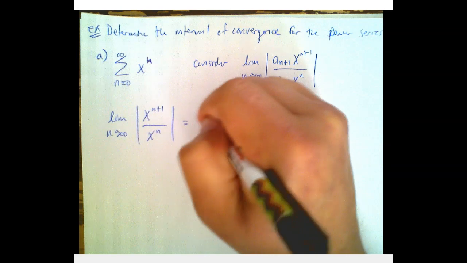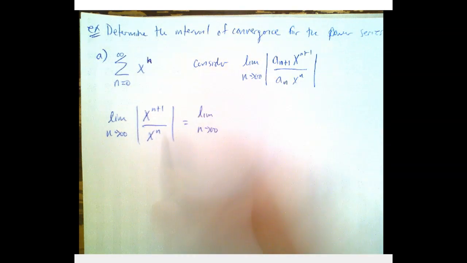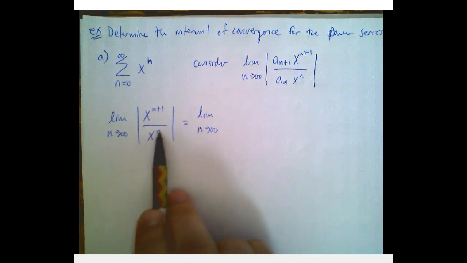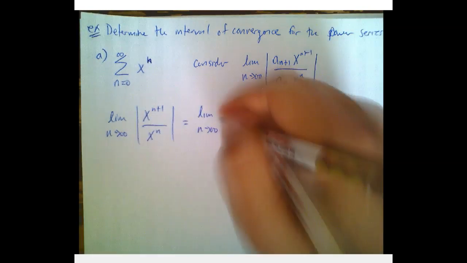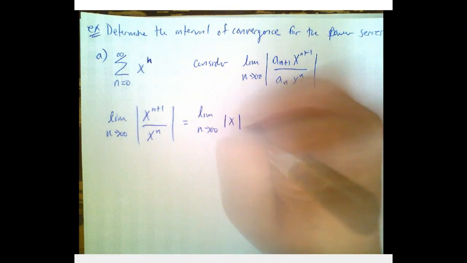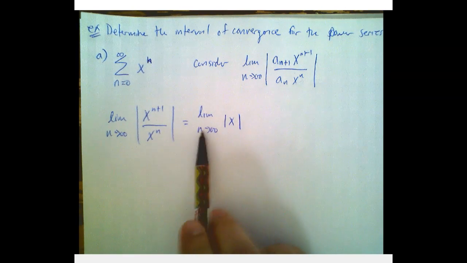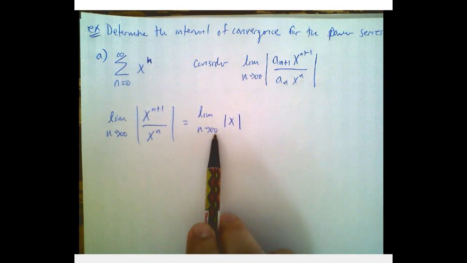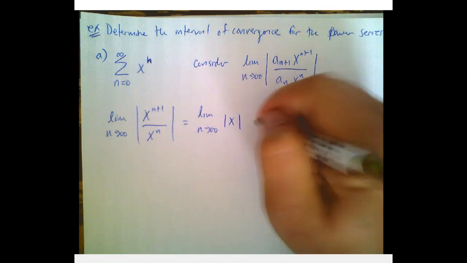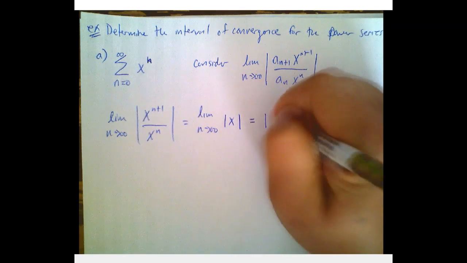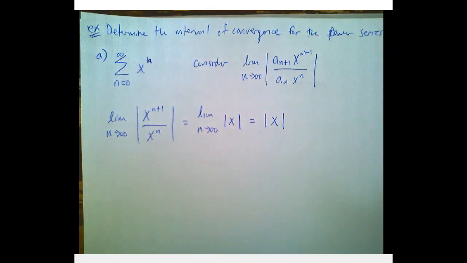This is the limit as n goes to infinity. We can cancel here, so x to the n's cancel, leaving us with just the absolute value of x. Okay. Now notice that this term does not depend on n, so we treat it as a constant, basically. This is equal to the absolute value of x.